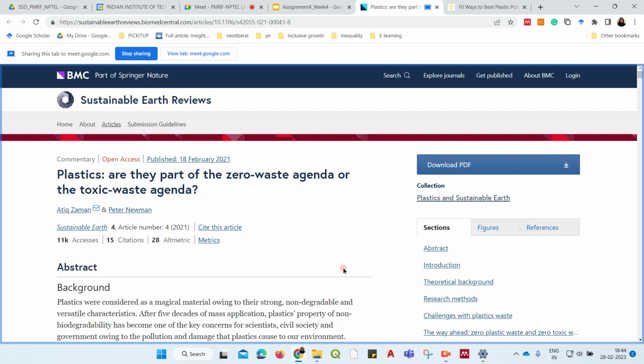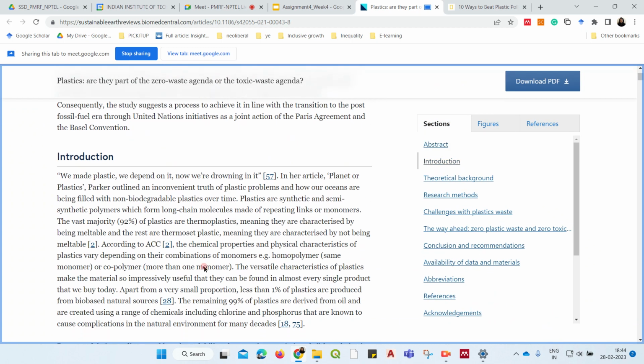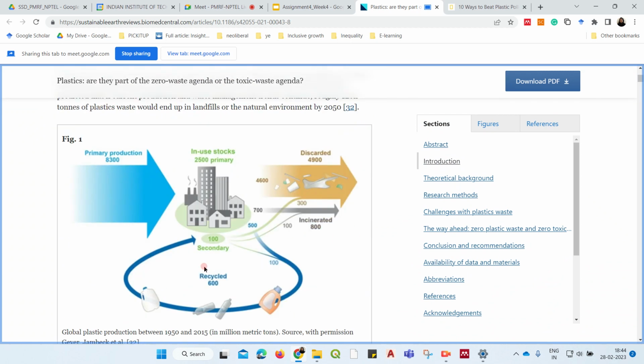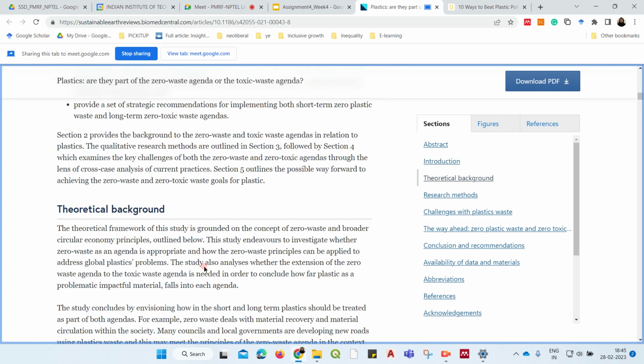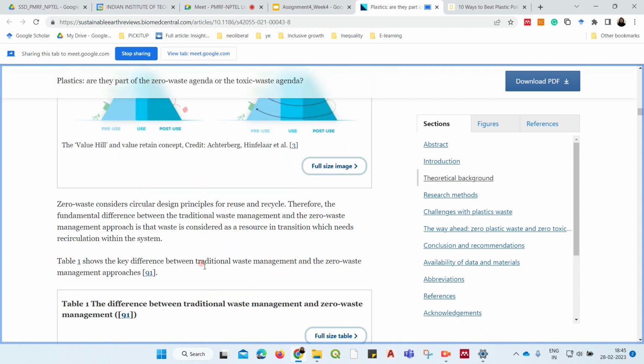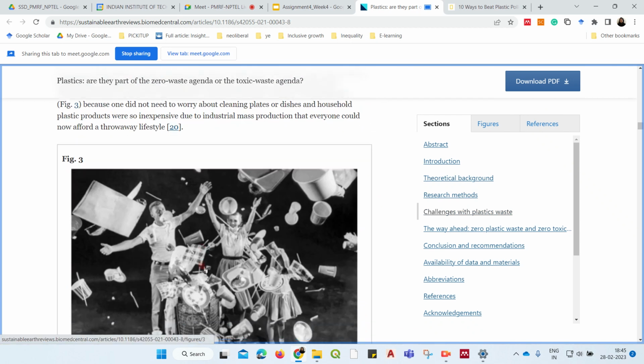So these are several things attributed to the debate around whether recycling plastic is a step towards zero waste, or it is again generating more toxic waste. If you want to read a little bit more about that, you can go on to this link and study more at your own time.